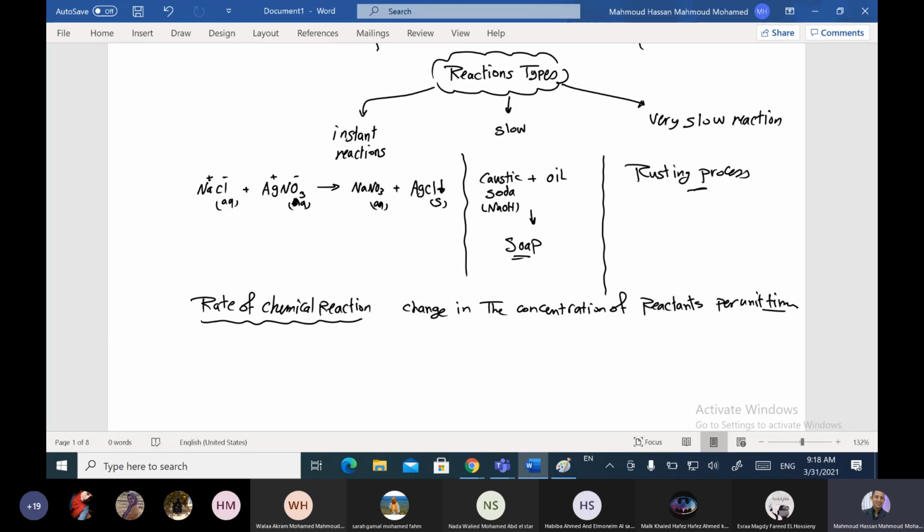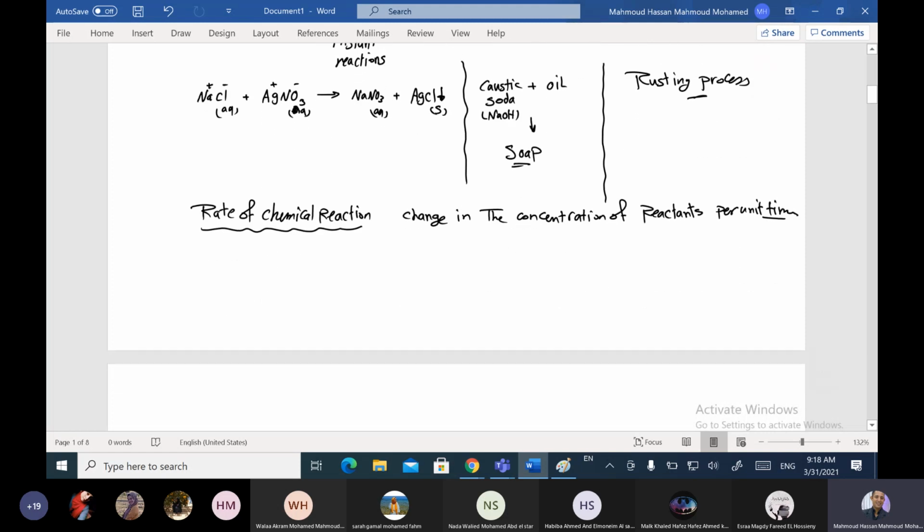And according to this, we have two types of chemical reactions according to the rate.